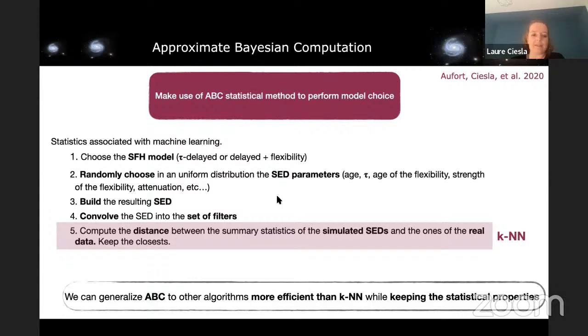You have all your SEDs and you convert them into a set of filters, which is typically the set of filters of your galaxy catalog with all your observations. And then you compute the distance between the summary statistics of the simulated SEDs and the one of the real data. In this sense, this method is really close to the typical KNN machine learning method.